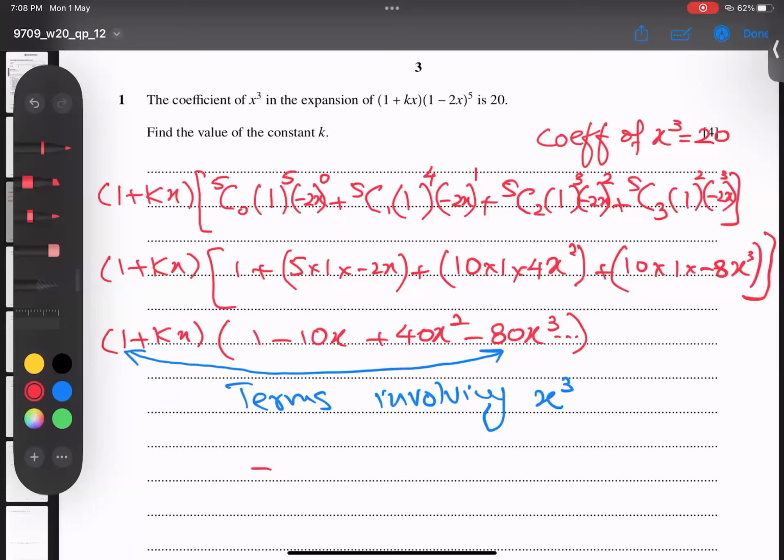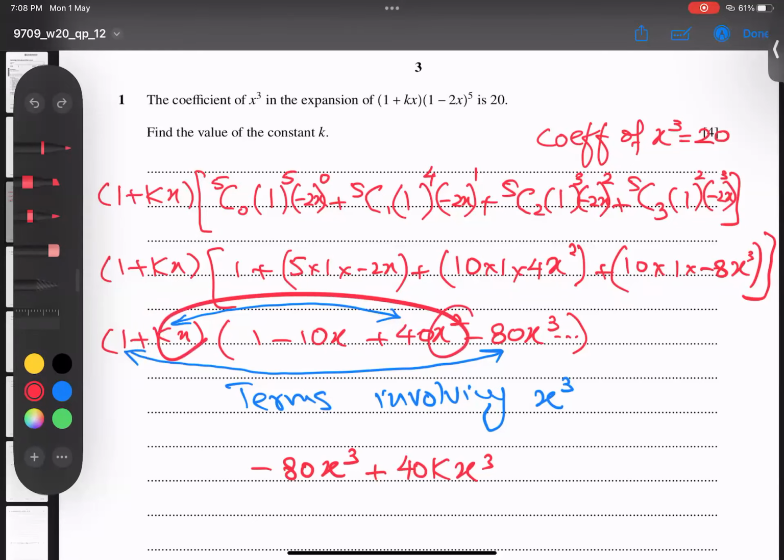I'm getting negative 80 x to power 3. And x times x square gives x cube. So this term multiplied with this gives x to power 3. So I get plus 40k x to power 3. How come? Plus into plus is plus, 40 into k, 40k, x square into x becomes x cube.